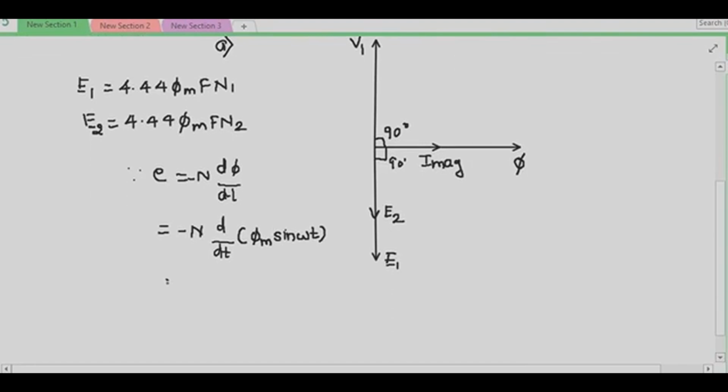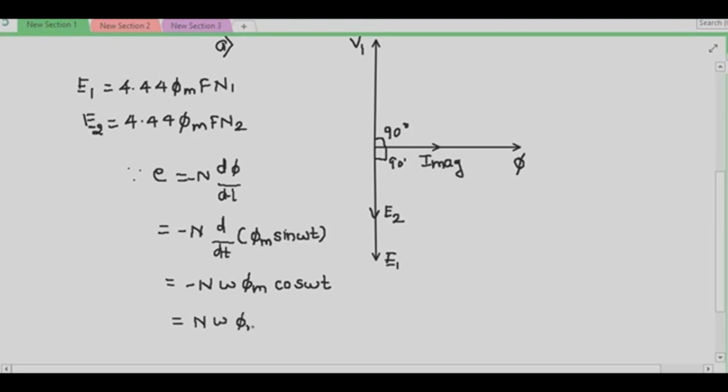So what I will get here? It is minus N omega phi m cos of omega t.